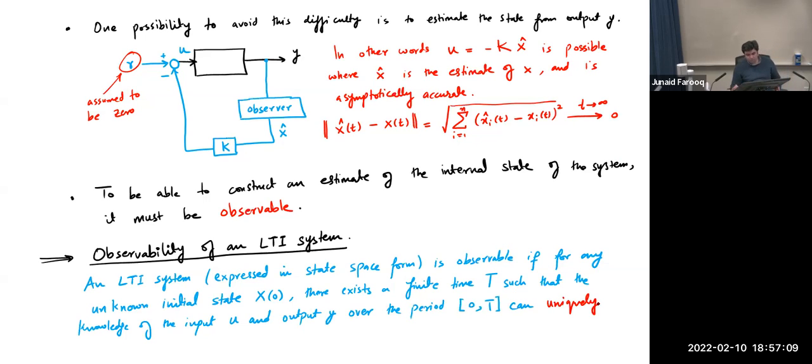So if you know the input, if you know the output over this interval of 0 to t, you're able to uniquely determine what's the state of the system, or uniquely determine the initial state x0. Right? So otherwise the system is unobservable.